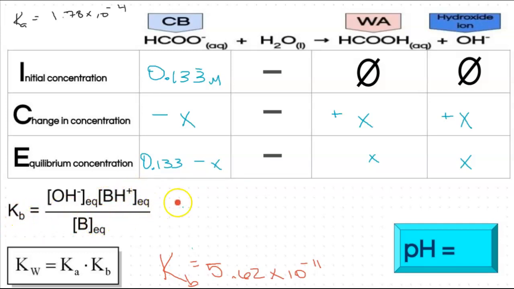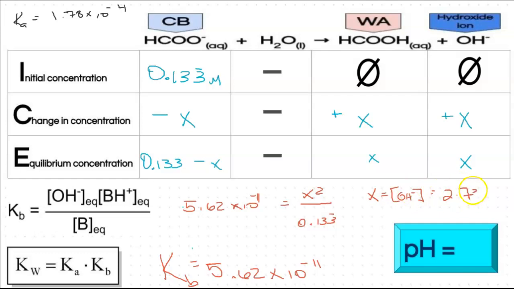So I plug in my Kb value, 5.62 times 10 to the negative 11th, equal to x squared over 0.133 repeating. When I calculate that, my value of x, which you have to remember in this case is hydroxide, calculates to be 2.73 times 10 to the negative 6th.